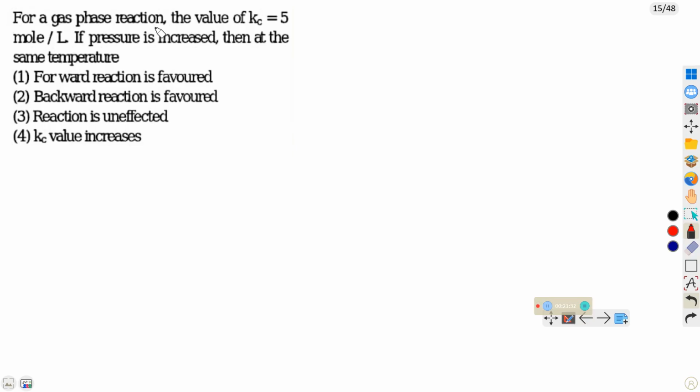For a gas phase reaction, the value of Kc is equal to 5 mole per liter. If pressure is increased at the same temperature, which direction does the reaction favor? Kc value is given as 5 mole per liter.